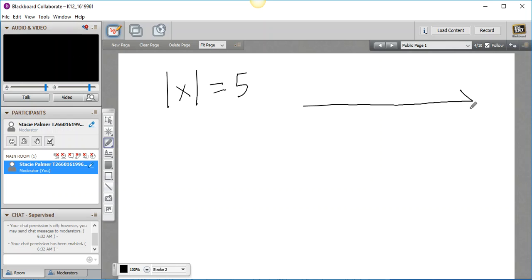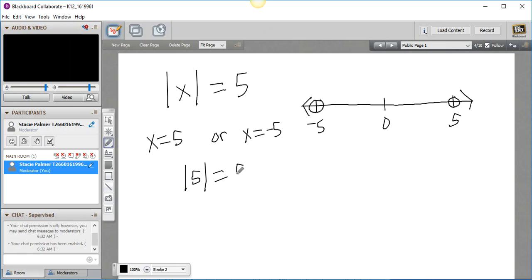Well, if we have a number line here, and this is 5, and this is -5, we know that there are actually two numbers that are 5 spaces away from 0 on the number line, 5 and -5. So if x equals 5, that would give us a solution. Or if x equals -5, that would also give us a solution because the absolute value of 5 is 5 and the absolute value of -5 is also 5.